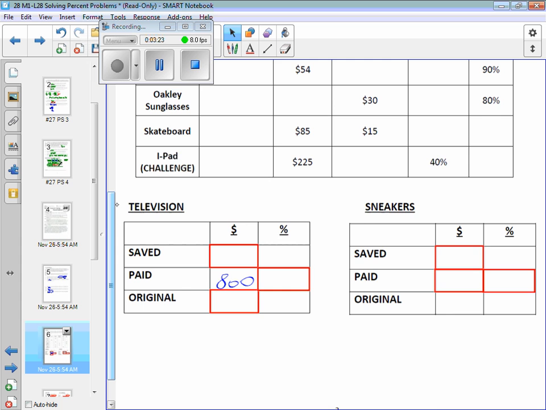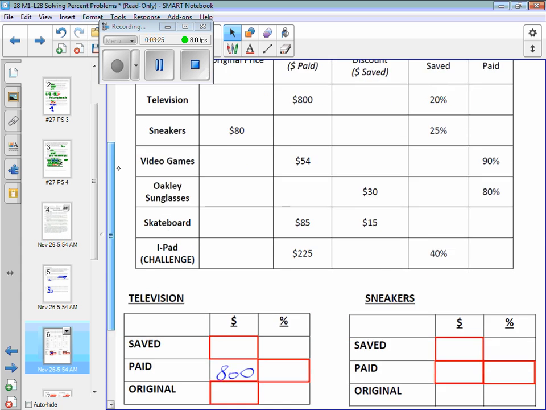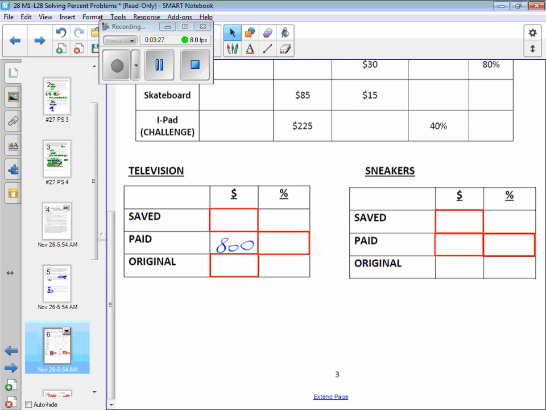We have one more number that's got to go in, and that's our 20%. Who wants to come up? Pick a different color. Is that right? Absolutely. We can now figure out the other 4 pieces.